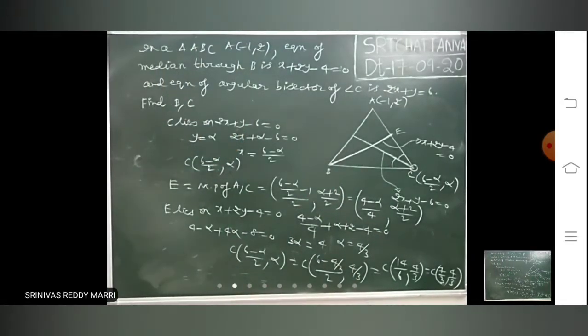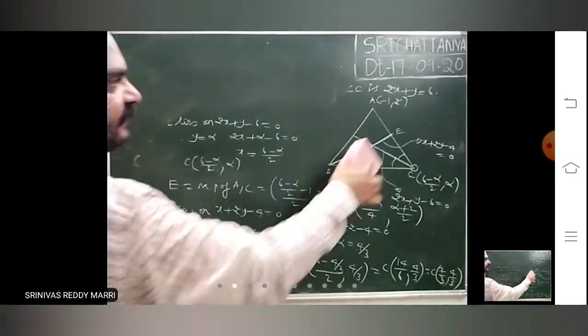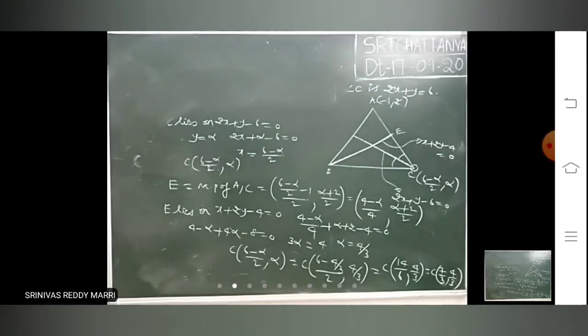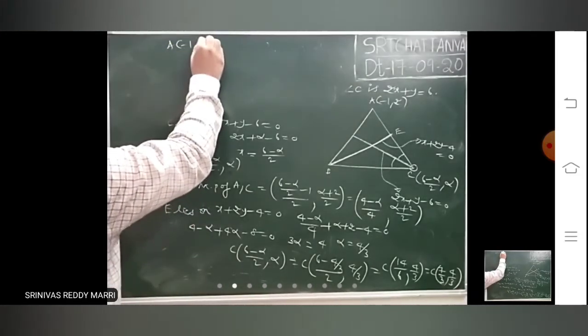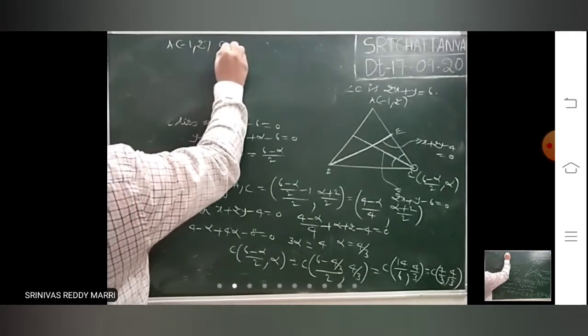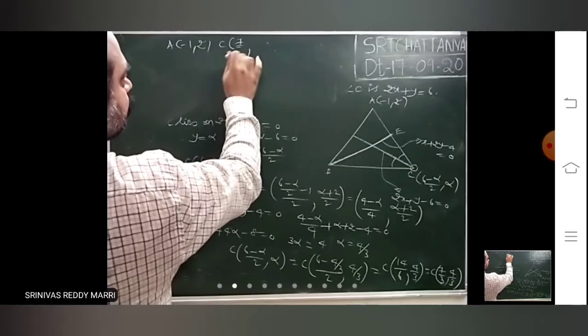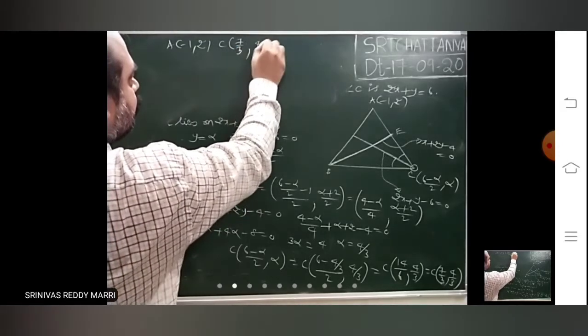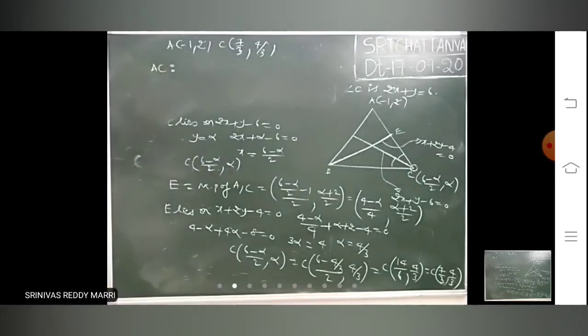Another vertex B you have to find out. Now for that, what I am doing is, I can find the equation of AC.